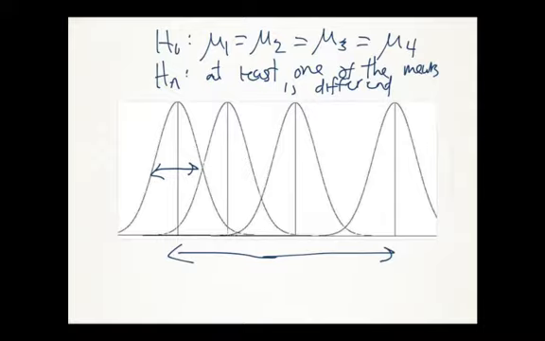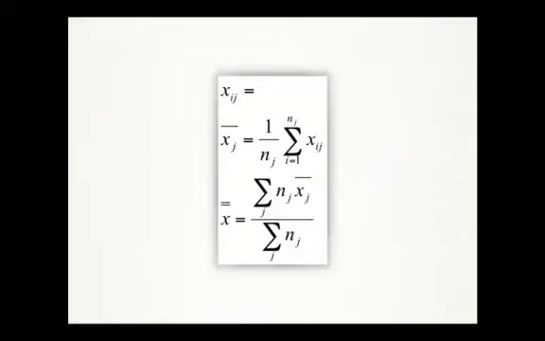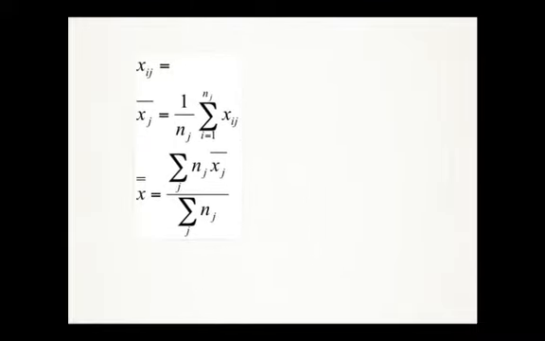Okay, so let me display some of that here. First you see we have this thing x_ij. What does that refer to?